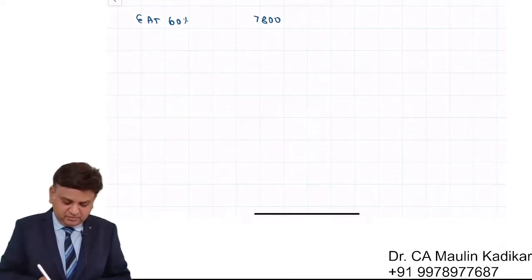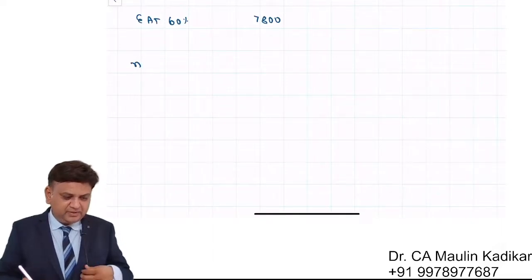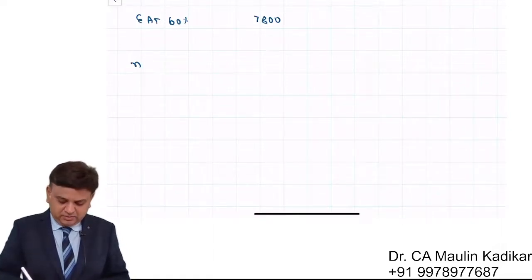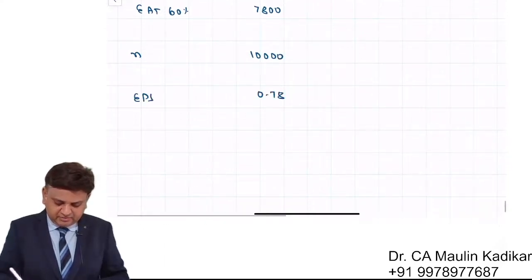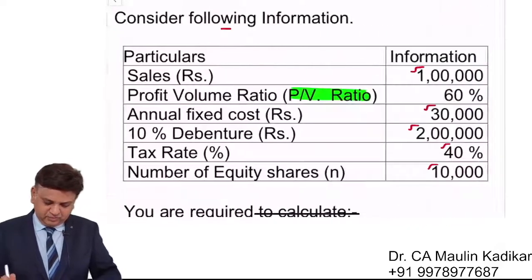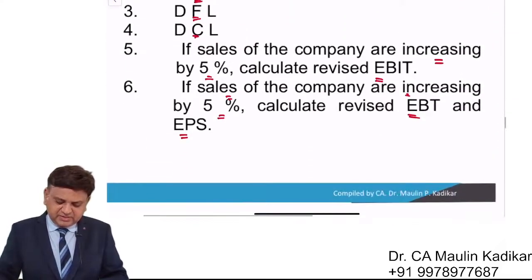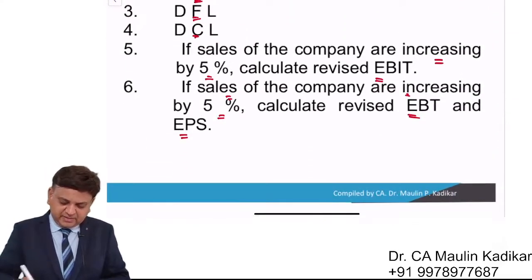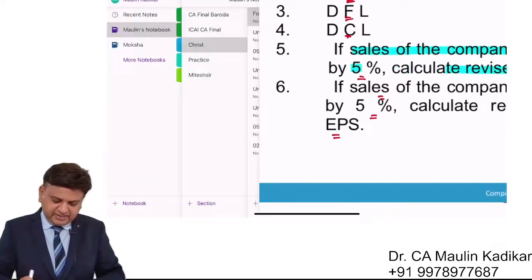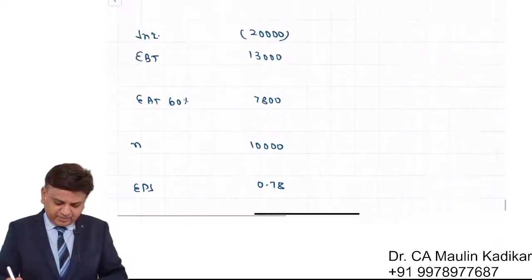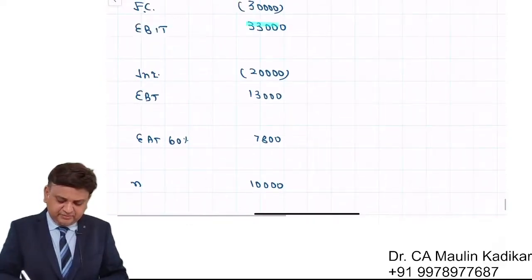No preference dividend, divided by number of equity shares 10,000, and EPS will be 0.78. So question number 5 is: sales of the company increasing by 5%, calculate the revised EBIT. This is the answer of question number 5.